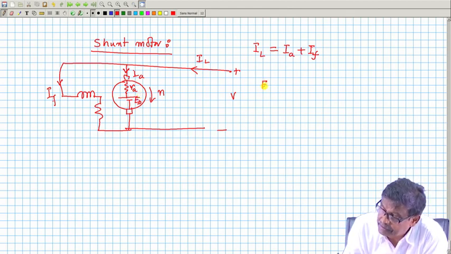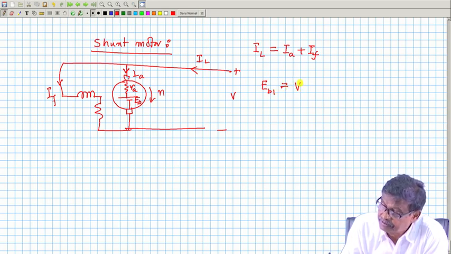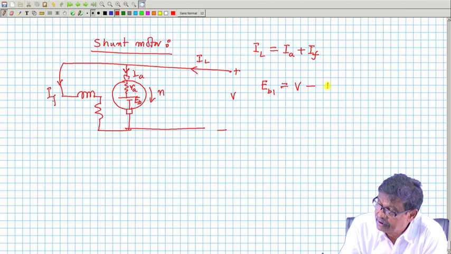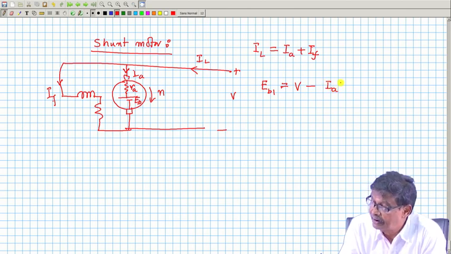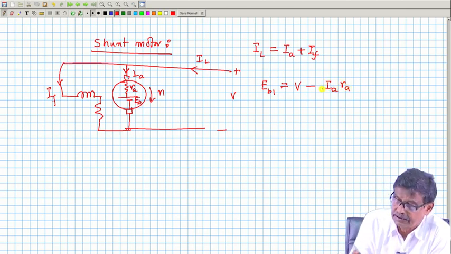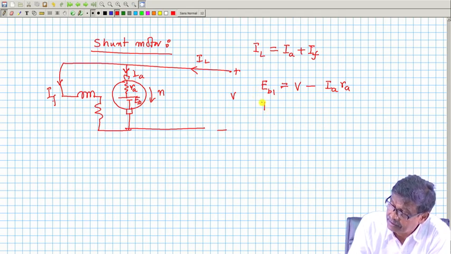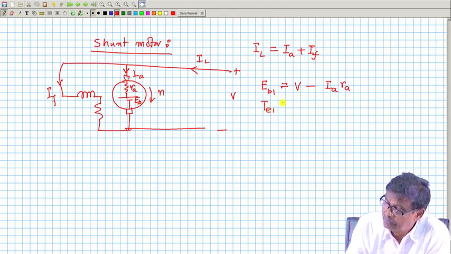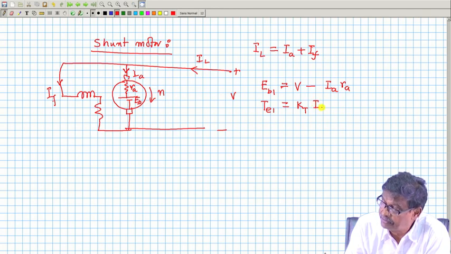What will be the back EMF here? E B 1 should be equal to supply voltage V minus I A R A in general, when it is drawing current. Electromagnetic torque will be proportional to k T into phi, but phi is replaced by field current if it is linear, into the armature current.